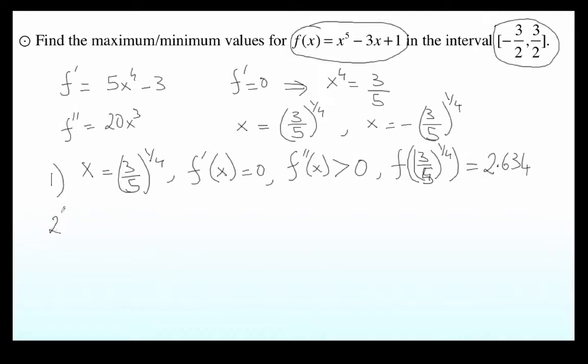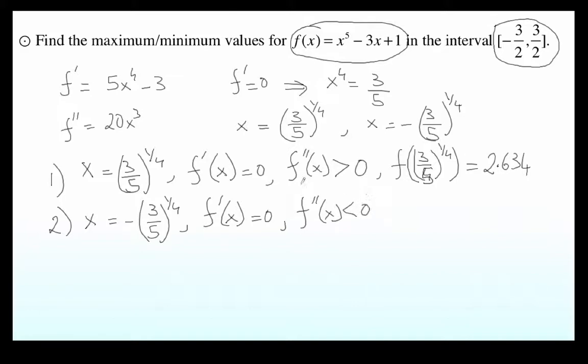Let me take the other point for which x is minus 3 by 5 to the 1/4. And again, the derivative here is 0. We found that out from up here. The second derivative is negative, because when x is negative, then f double prime is negative.